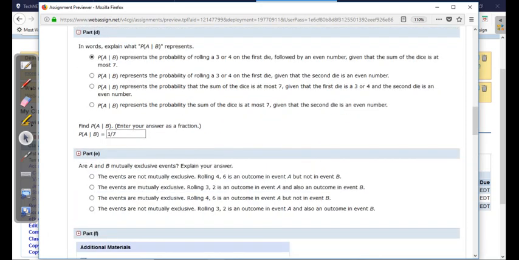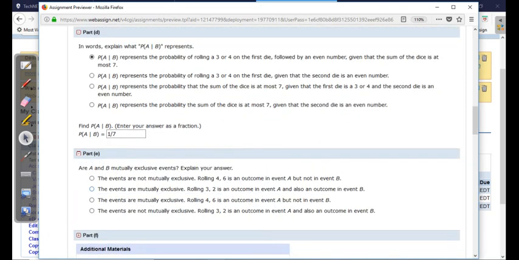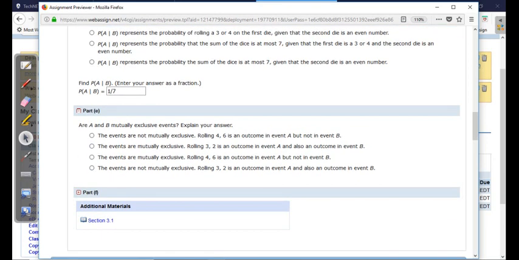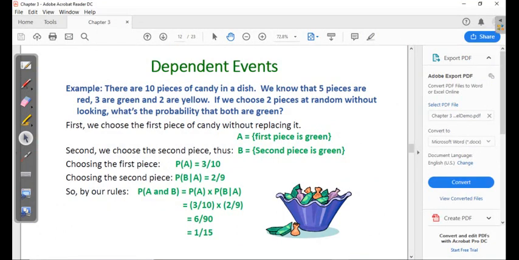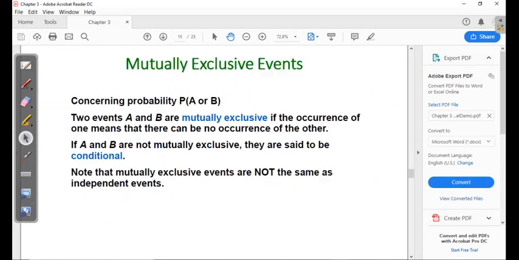What's part E say? Are A and B mutually exclusive events, right? Well, what does that mean, mutually exclusive? Well, let's go back to our slide set here. It says the following about mutually exclusive events. We say 2 events, A and B, are mutually exclusive if the occurrence of one means that there can be no occurrence of the other.